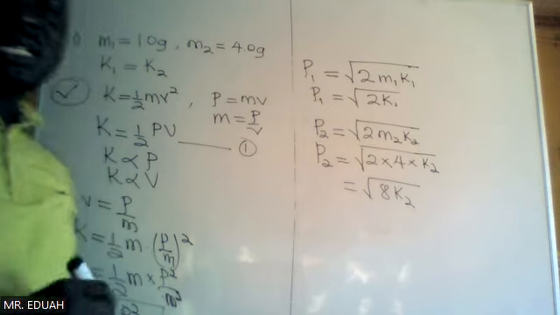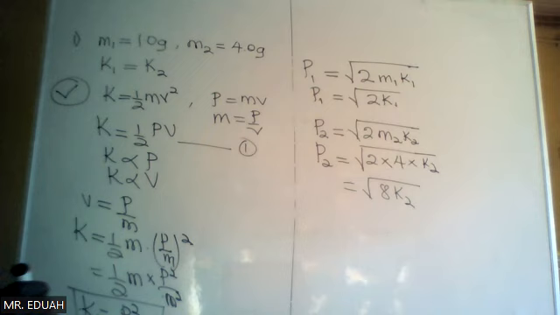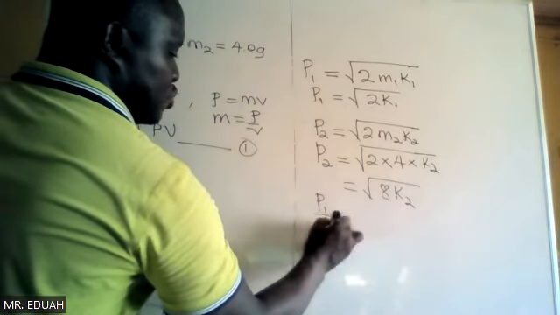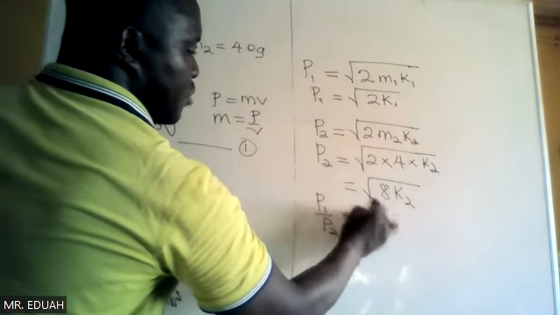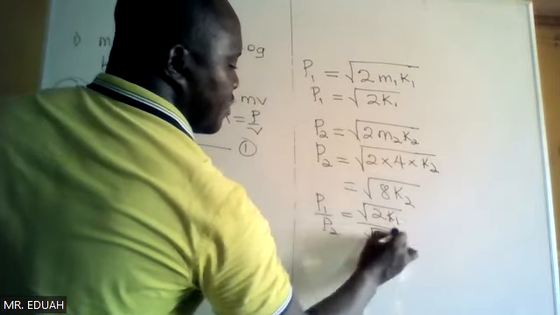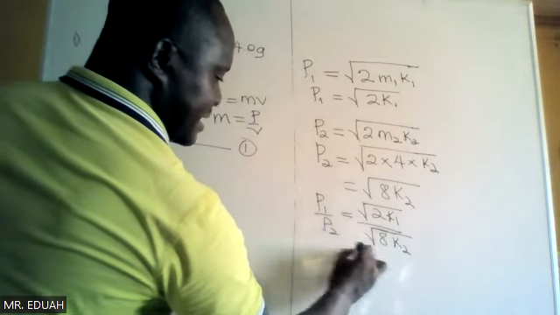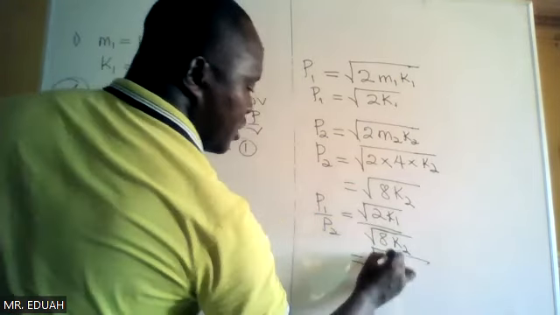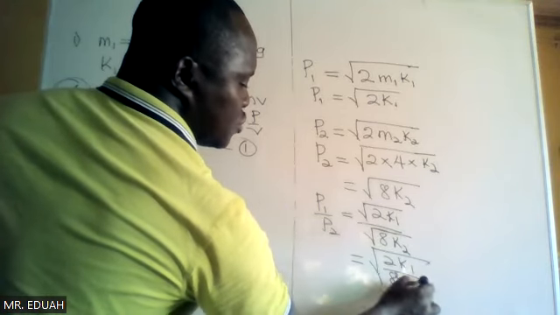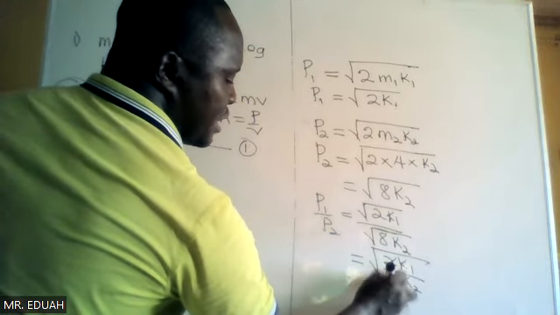So let's take a ratio of the momentum of 1 and momentum of 2. P1 on P2 is equal to root of 2k1 over root of 8k2. This is 1, this is 4.